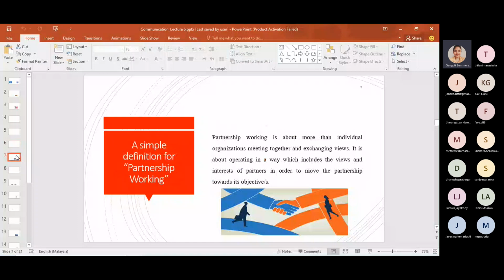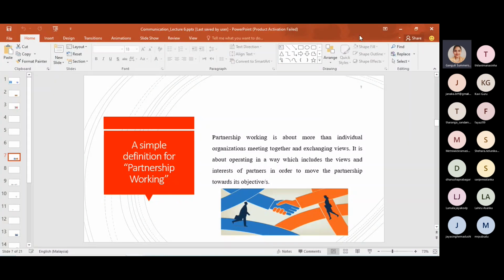This is a simple definition for partnership working. Partnership working is about more than individual organizations meeting together and exchanging views.